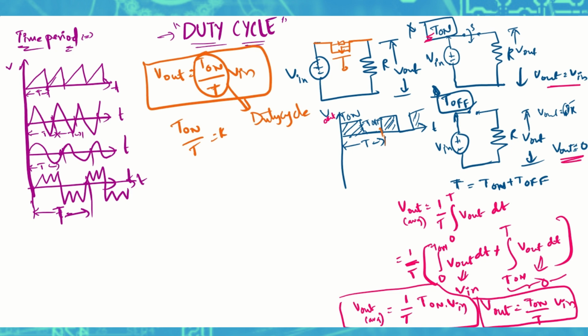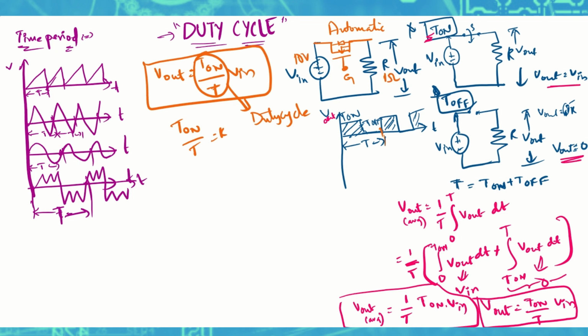So we are replacing that manual switch with the controlled switch or the automatic switch. Because in practical applications that is not possible, we can't be everywhere to turn the switch on and off, right? It has to be automated and controlled through the gate signals. This is the gate. Consider this as 10 volts and load as 1 ohm.